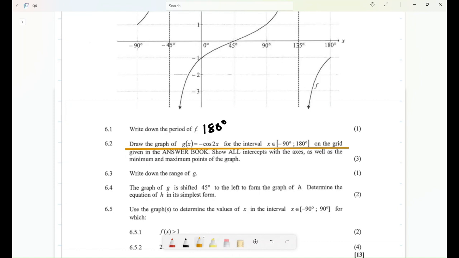Now, negative cos 2x. I normally do this sketch: if this was supposed to be negative 360, negative 180, 0, 180, 360, it was supposed to be something like this, okay?